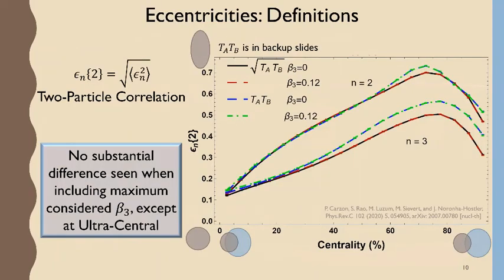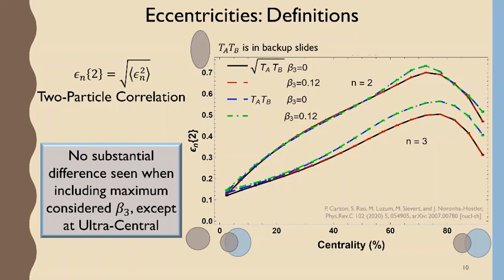So then looking at the two-particle correlation of epsilon2 and epsilon3, you see in the plot here, the black and red are using this square root TATB, and then the linear TATB is in blue and green. And then here, just to see the most extreme changes, are plotted beta 3 equal to 0, and then the largest one we use, which is a beta 3 of 0.12.